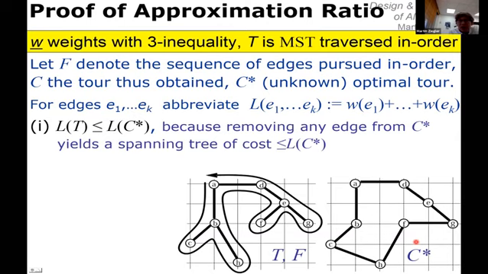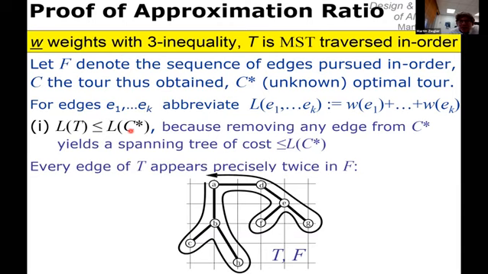So therefore, the cost of the minimum spanning tree will still be less or equal to the cost of the original optimal cycle, because that includes the edges we have just removed temporarily for purposes of analysis. So this establishes our first inequality between the total weight of the edges in the minimum spanning tree and the cost of an unknown optimal tour.